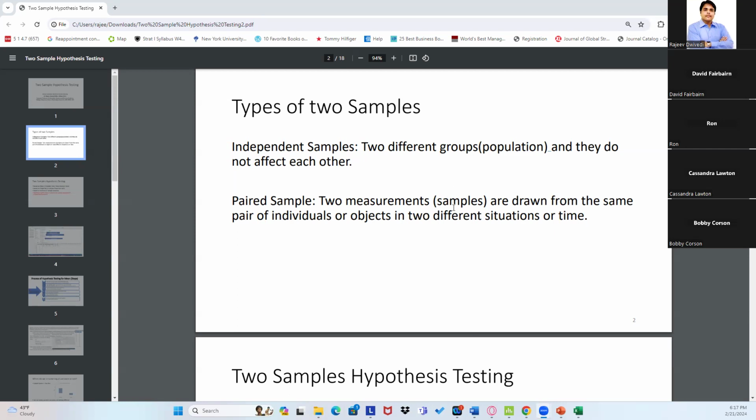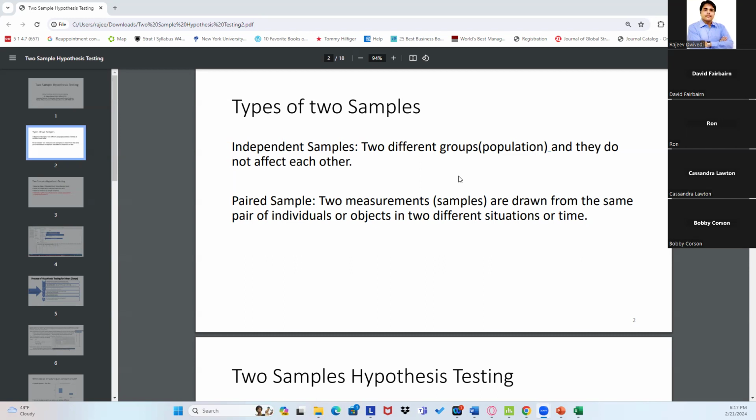So paired sample, let's say, basically in health, a medicine or drug trial: what is the blood pressure before prescribing any medicine, and what is the blood pressure of the patient after prescribing the medicine. So before and after. Similarly, what is the salary before MBA, what is the salary after MBA.